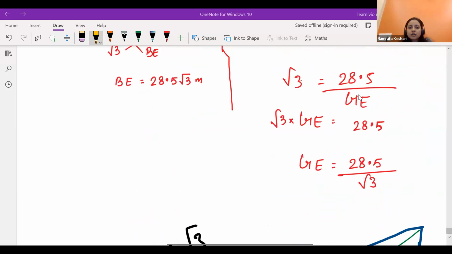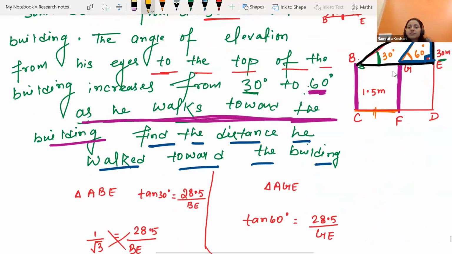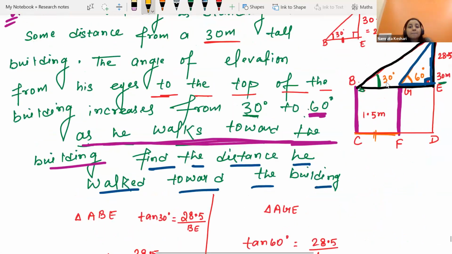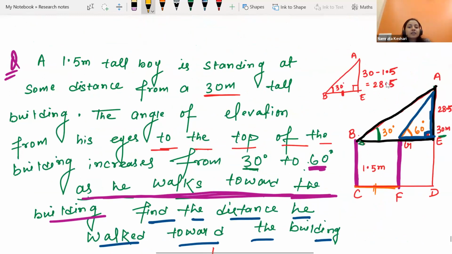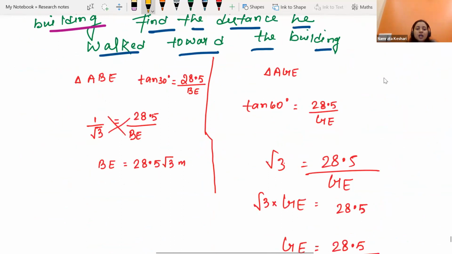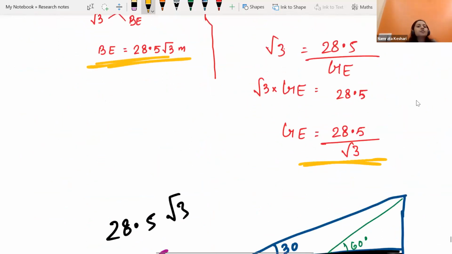Let's continue. We will be finding BG by doing the subtraction. That means BE minus GE. The complete BE minus GE we will do to get BG.